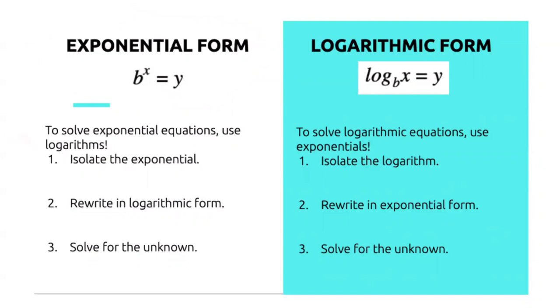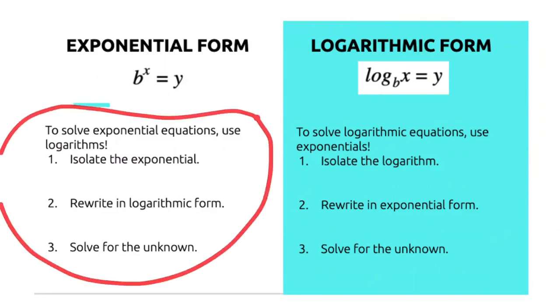In particular, we're going to isolate the exponential, then rewrite it in log form, and then solve for the unknown. There are some shortcuts, like sometimes if the bases are the same, but in general, this flow works for any exponential form.